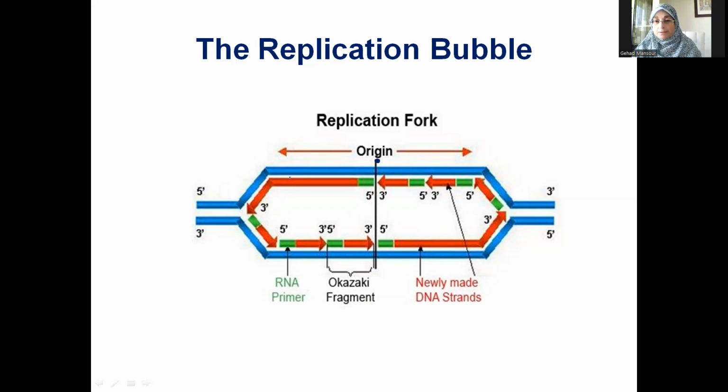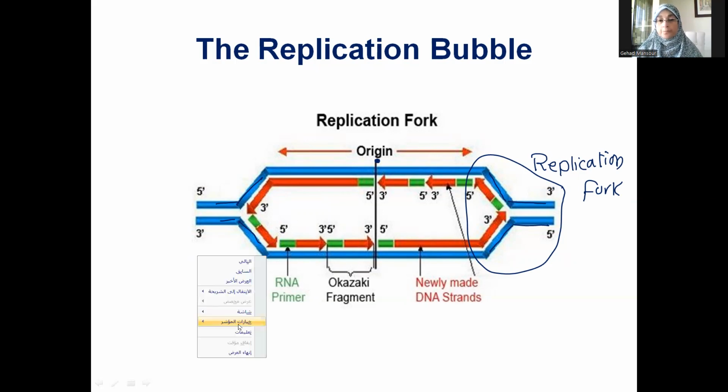Now, this structure that has been created by the helicase enzyme is the replication bubble. And at the extremes, the right side and the left side here, we have two Y-shaped structures that are called the replication forks. So this is the replication fork, this Y-shaped structure, because it's forked like this, and the structure in the middle is the replication bubble.